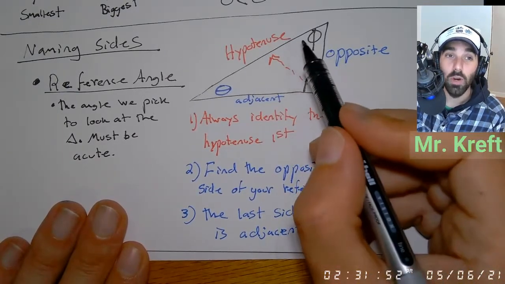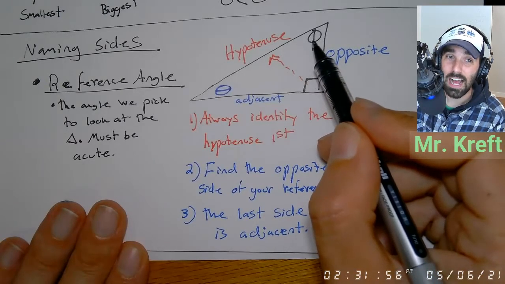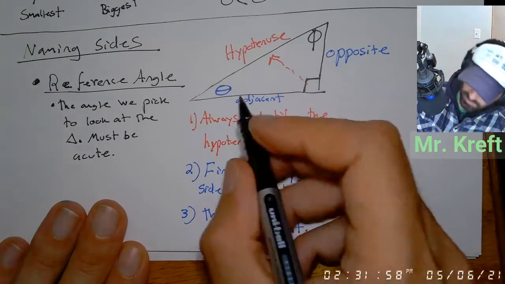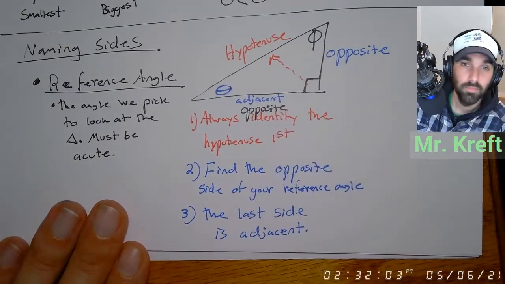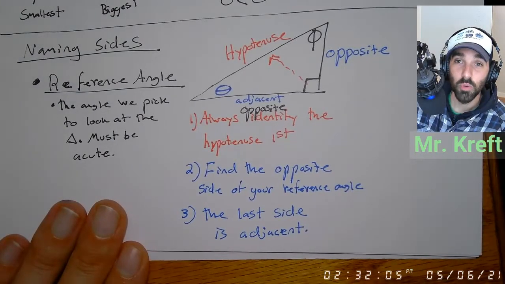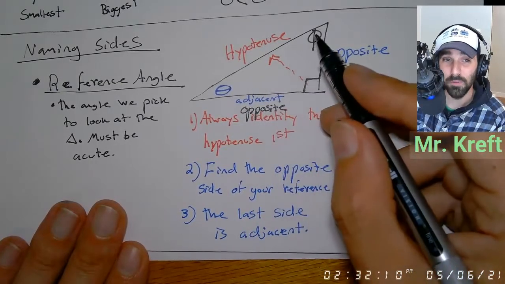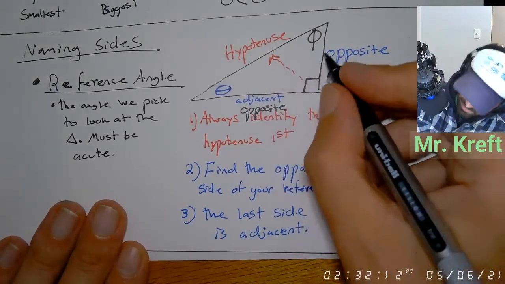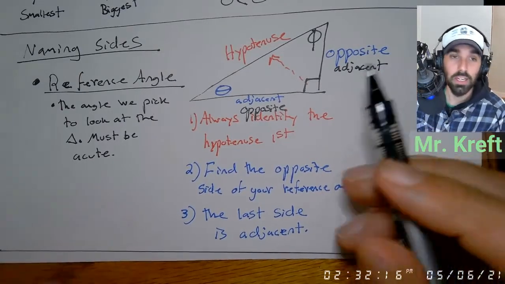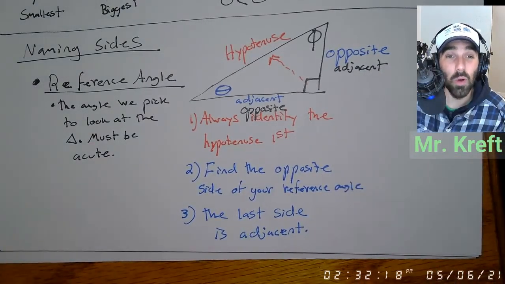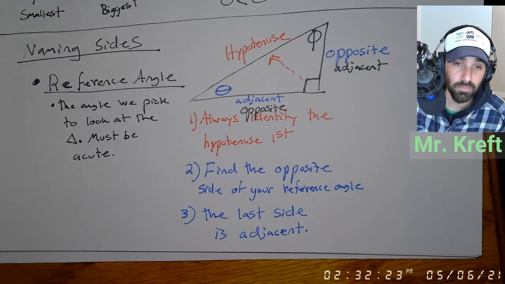But what's changed is what's opposite. According to phi, the opposite is down here. Do you guys see that? Opposite is defined as being the furthest away, so this one would be adjacent for black. Depending on what your reference angle is, that determines what the side is called.